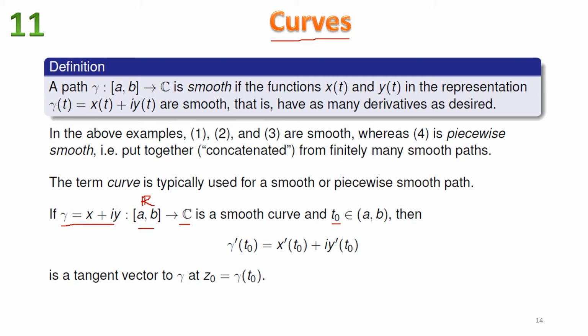Then gamma dash at t0 is equal to x dash at t0 plus i times y dash at t0. This is a tangent vector to gamma at z0, which is gamma of t0. Now let us suppose that we have some functional variation like this. Now here we consider a point.